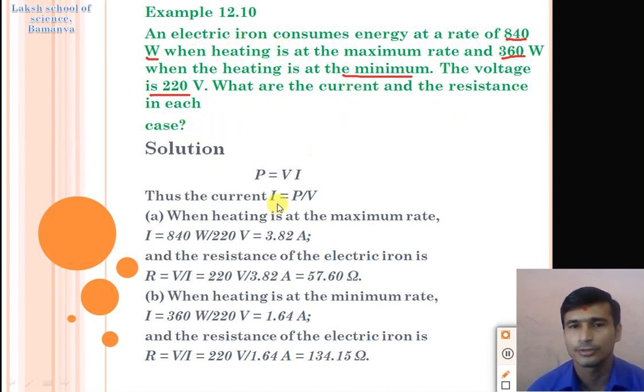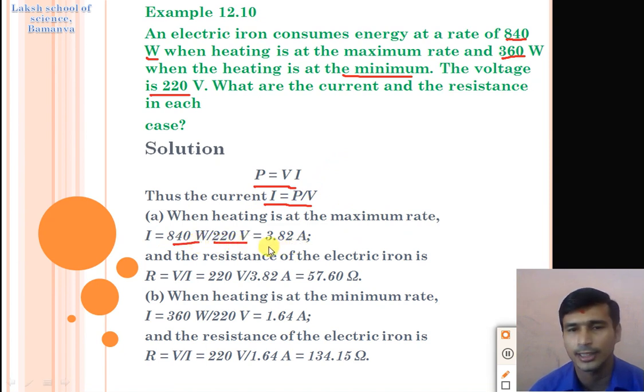So power is given by the formula P is equal to V into I, right? So the current drawn from the circuit, I is equal to P divided by V. First case: when the electric iron is heating at a maximum rate, the power is 840 watt. So we place 840 instead of P, and voltage is given as 220 volt.